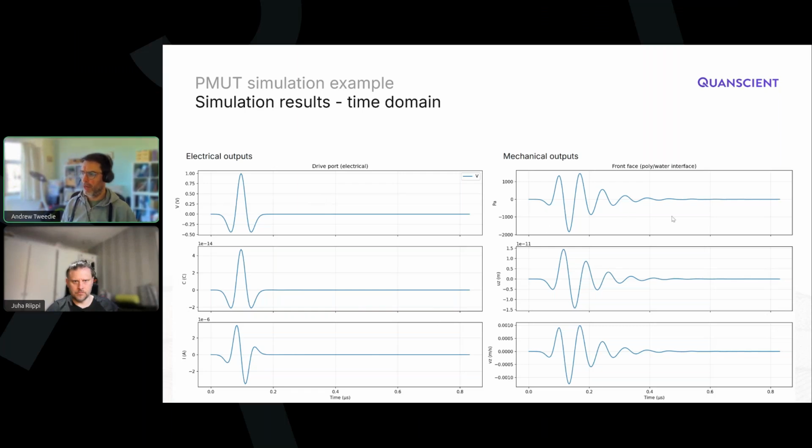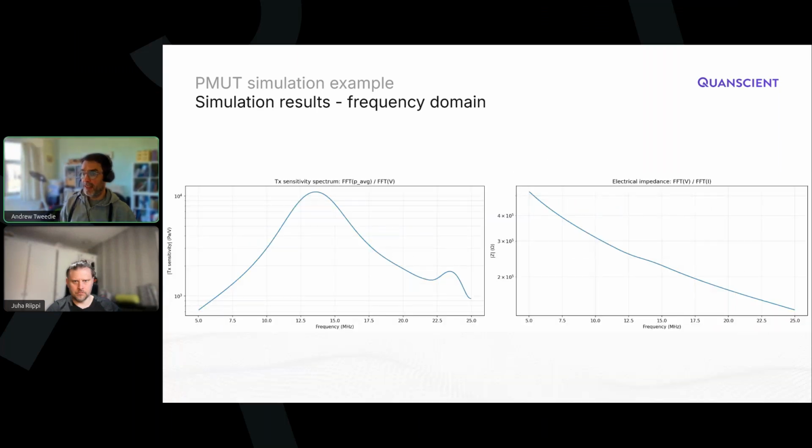I'd also asked for various mechanical outputs on the front face of the device, everything from pressure to velocity. And I'd also asked in post-processing for it to calculate a transmit sensitivity spectrum and the complex electrical impedance spectrum. And those results were provided.